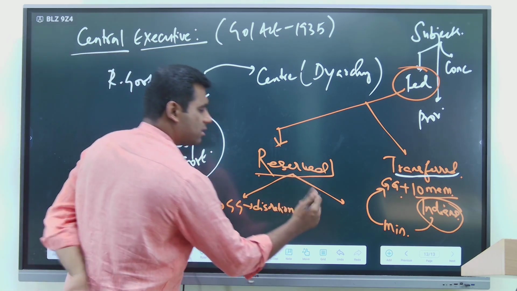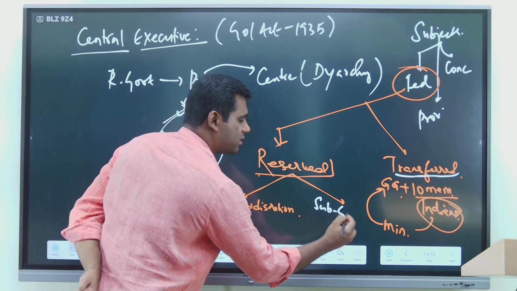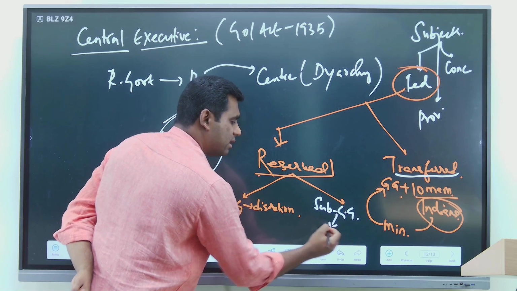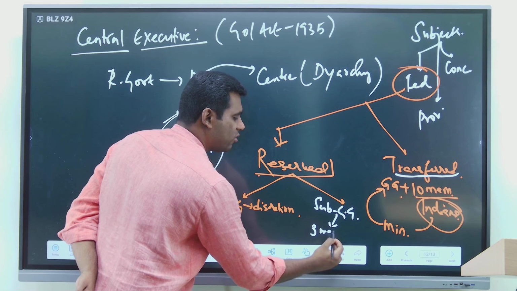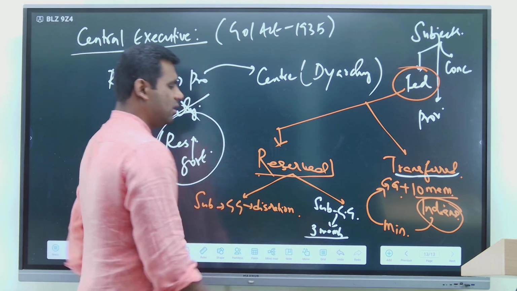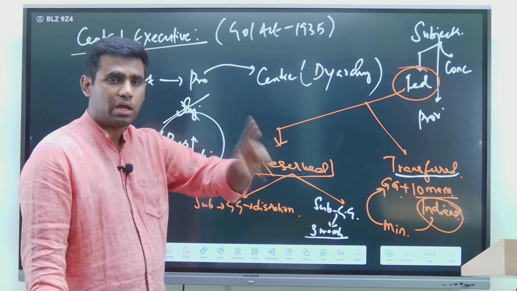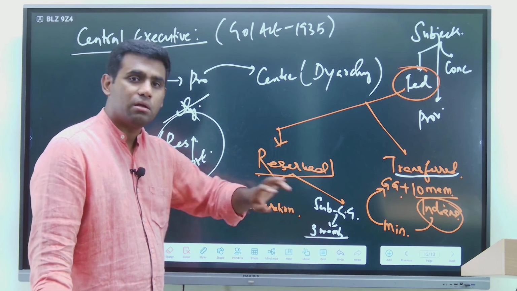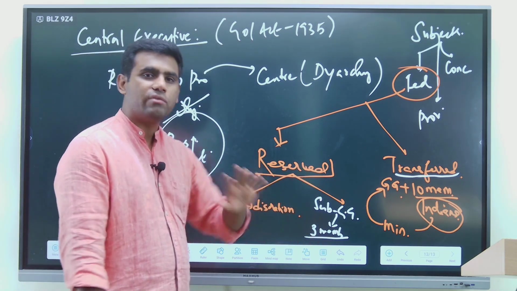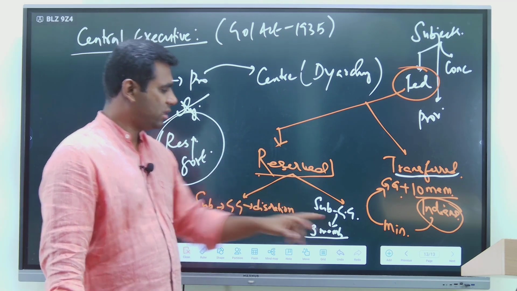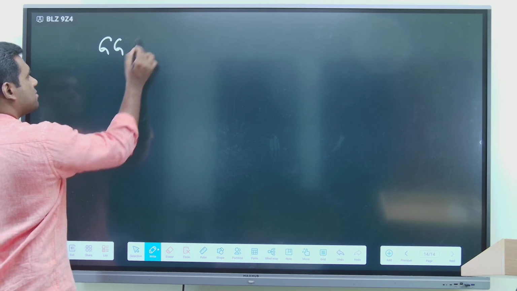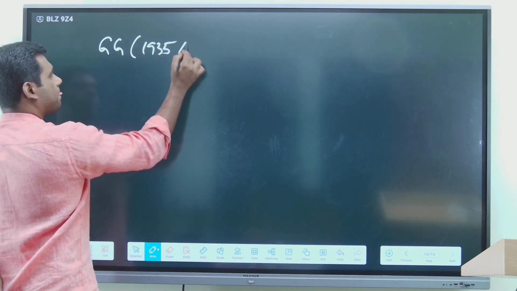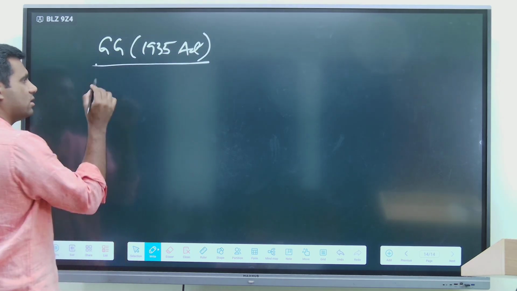Then you have the other subjects where the Governor General will listen to the aid and advice of 3 members. They are not Indians, they are British officials. The Governor General acts as per the aid and advice of 3 councillors, but if he wants, he can even reject their advice. All right. So what is the position of Governor General as per the 1935 Act? Let's have a clarity on that.